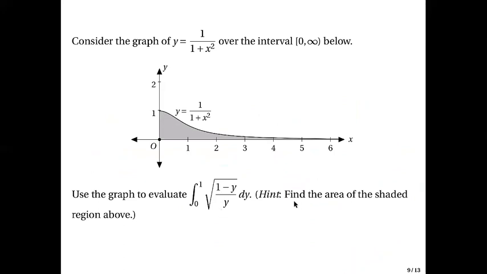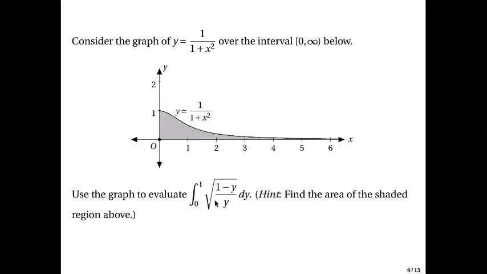So the hint was find the area of the shaded region above. Okay? Find the area of the shaded region above. Look at this. So I'll just give you the hint and the setup of the definite integral. Why we can just use the area of the region in order to evaluate this.